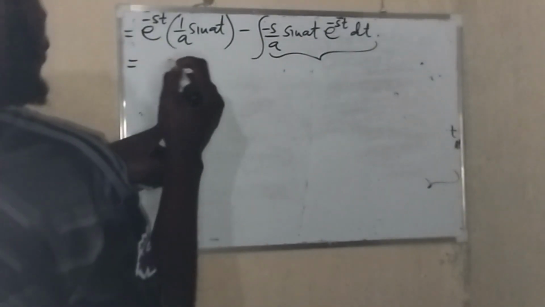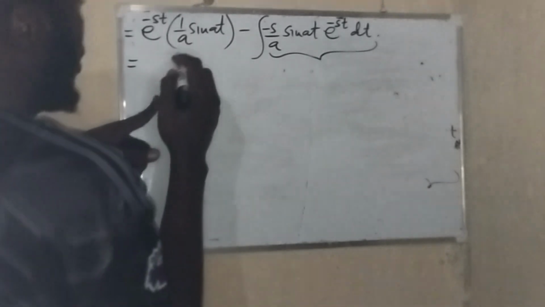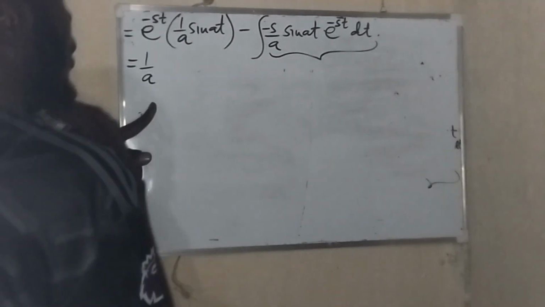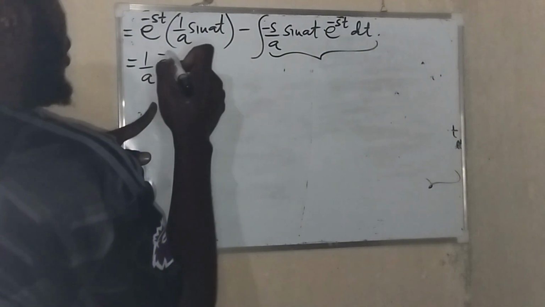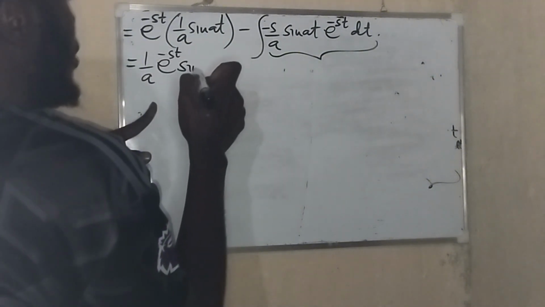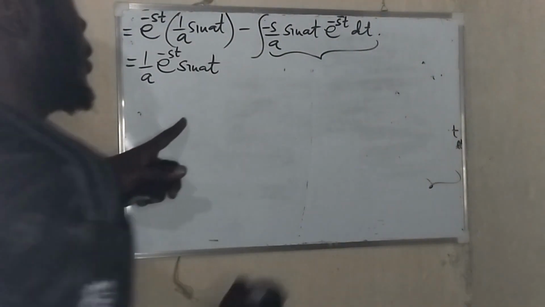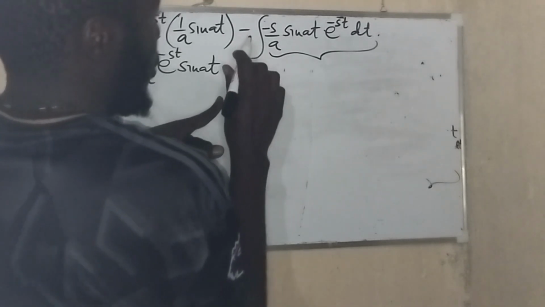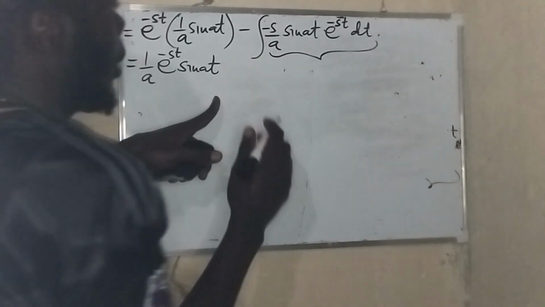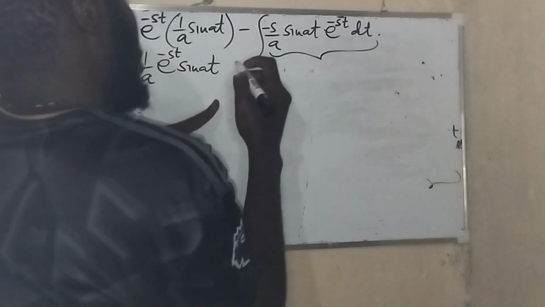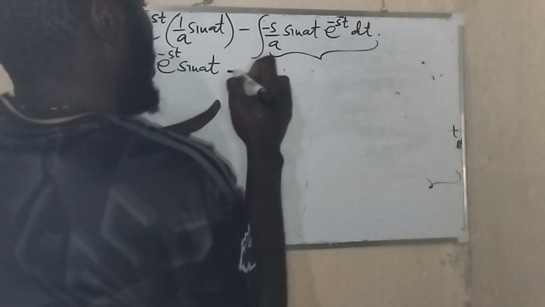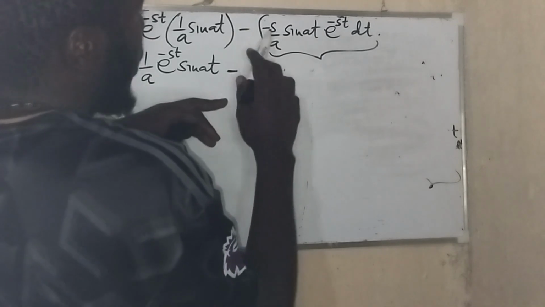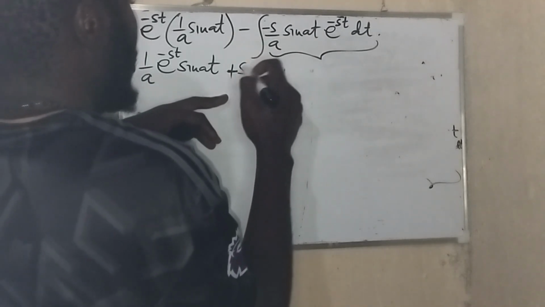So we shall have, this one will give us 1 over a exponential negative st sine at, then you have minus, minus, you have plus s over a.